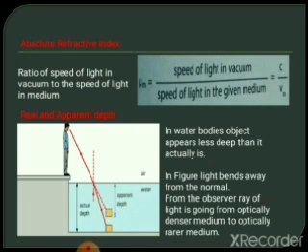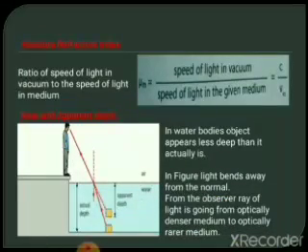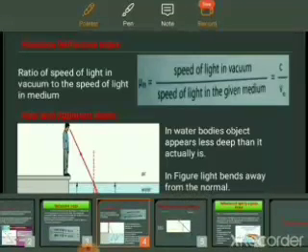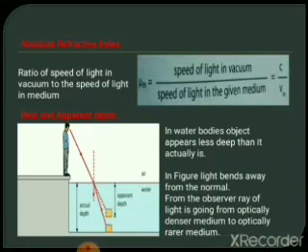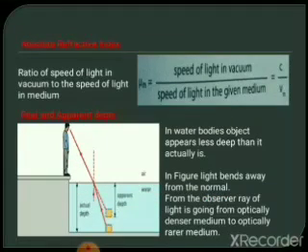Because of refraction of light. Here, the ray of light is going from a denser medium to a rarer medium. Here, the denser medium is water and the rarer medium is air. You can understand with the help of this arrow.